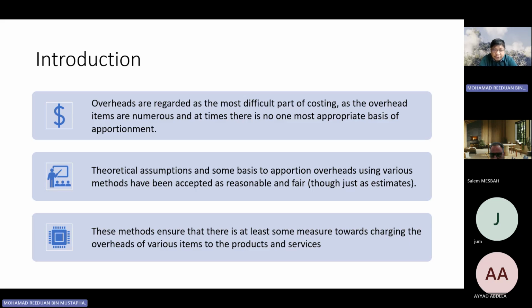So as you said, the theoretical assumption on some basis to apportion overhead using the various methods has been accepted as reasonable and fair through just estimates. So the auditors and the financial accounting are also based on estimation, not all on historical data. When they do a segregation, sometimes it is based on estimation, especially when they want to close the stock. That's why some organizations do a stock take. Why?